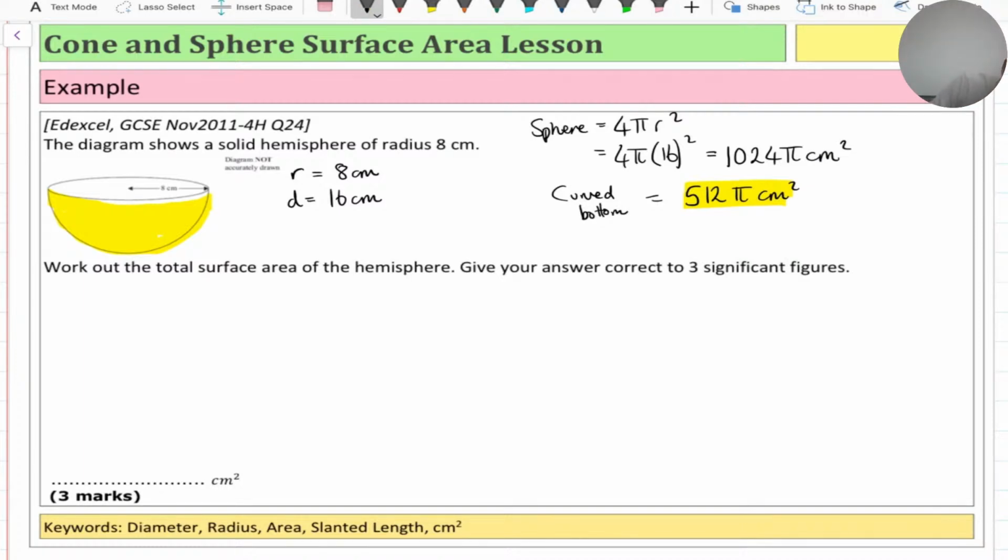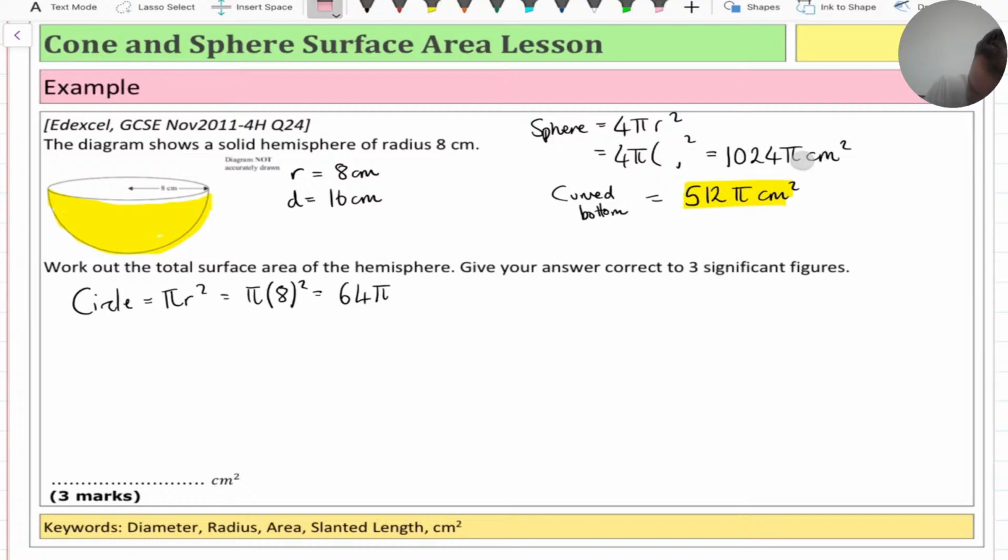So let's just label this one here. So the circle on the top, we know the formula for a circle is pi r squared, which is going to be equal to pi times by 8 squared in this case, which is 64 pi. Silly Billy, I'm making more mistakes again, aren't I?